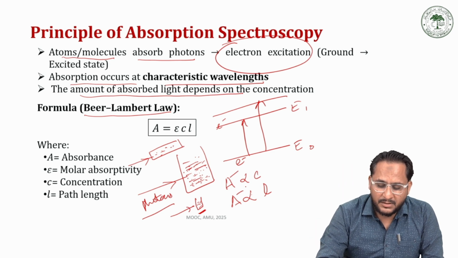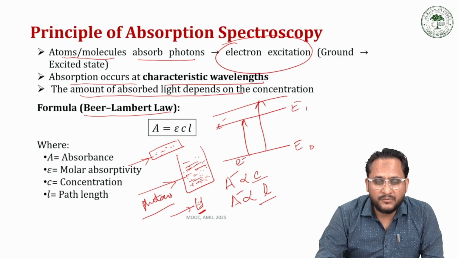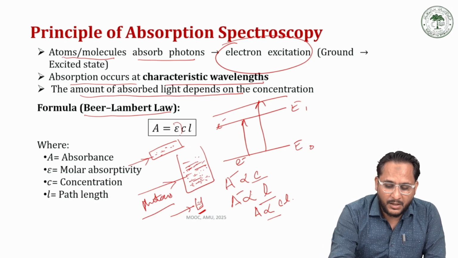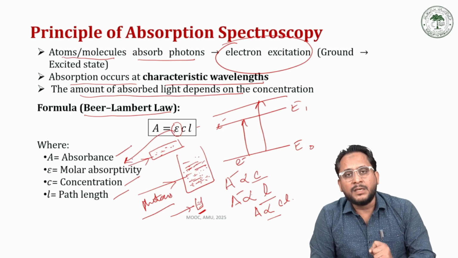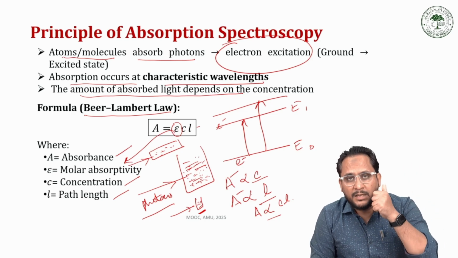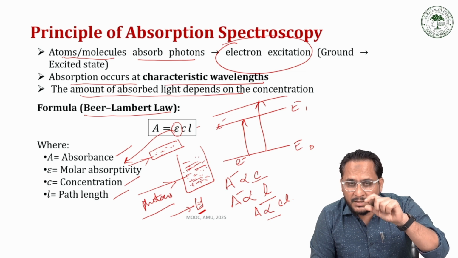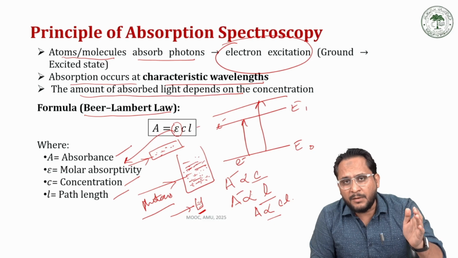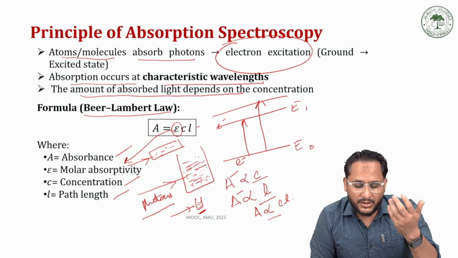Therefore, absorbance is directly proportional to the concentration as well as the path length, and if we combine these two, absorbance is proportional to C into L, and finally when we remove the proportionality sign, we put a constant epsilon. So here A is absorbance, C is concentration, L is the path length, and this constant epsilon is the molar absorptivity, which is basically a characteristic value depending upon the type of sample. So for a different sample, the value of molar absorptivity changes.